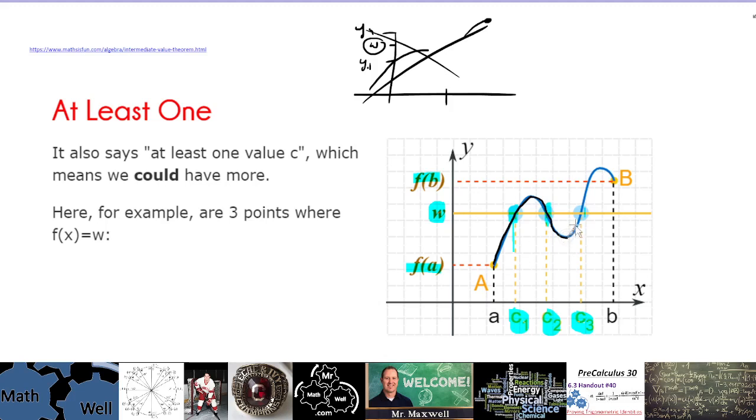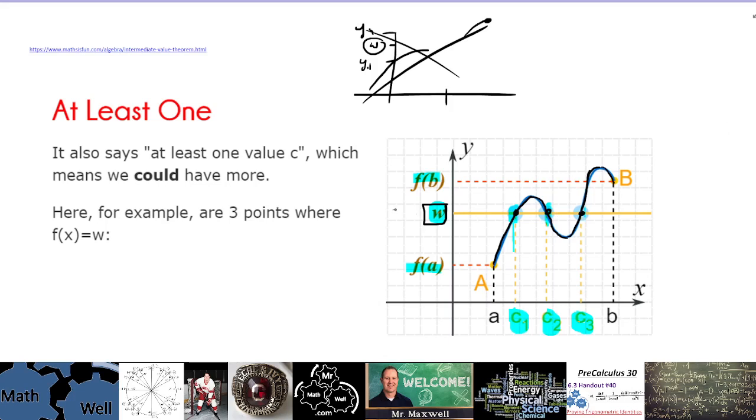I grabbed it, turned around, and I'm going home again. And then I actually take a wrong turn. I forget where home is. I go past home, and then I come back. That's what this graph is saying. So this point w right here, you actually passed that point 3 times because you went past it, forgot your glove, came back, passed it a second time, found your glove, and then went home and passed it a third time. So that would be an example where there's at least one.